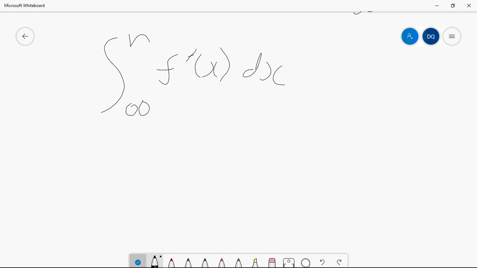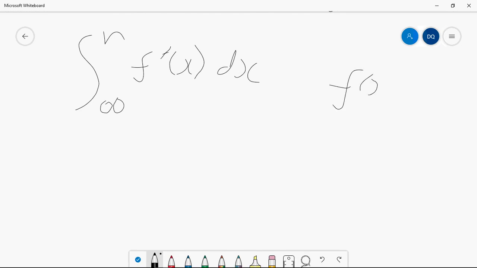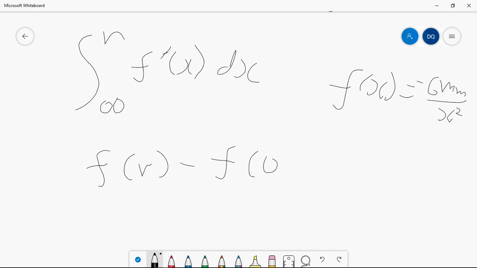So what that means is we're going to take our antiderivative, which is negative G M m over x. We're going to evaluate that at r, and then subtract the evaluation of that at infinity. So this is going to be F at r minus F at infinity.